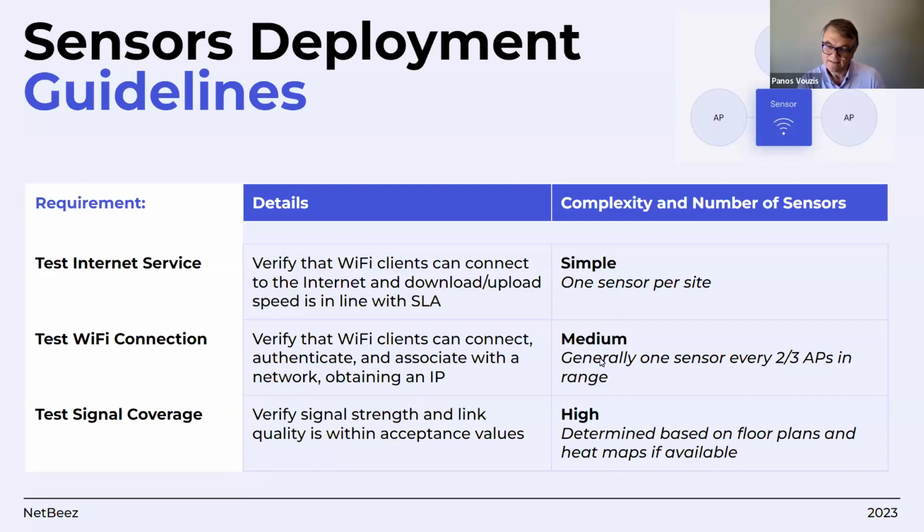Also static testing to see how all the different sites of a big campus are doing, and be able to be notified with granular information about any potential issues. You need to go to a more granular solution where you may require one sensor per few access points.